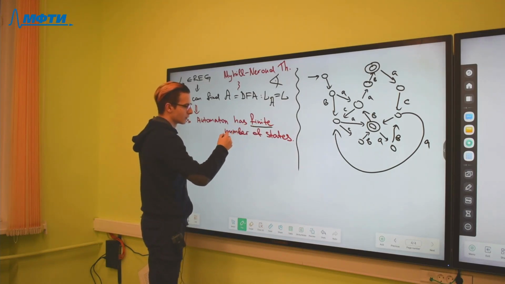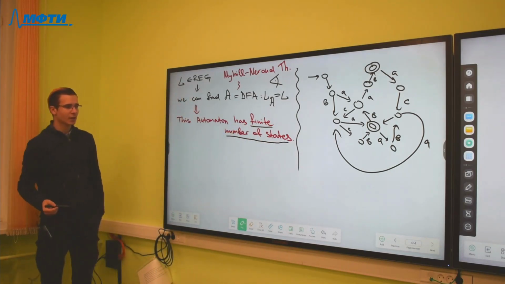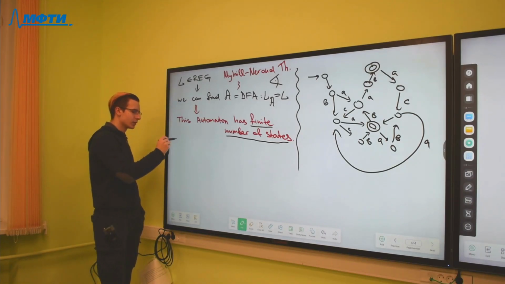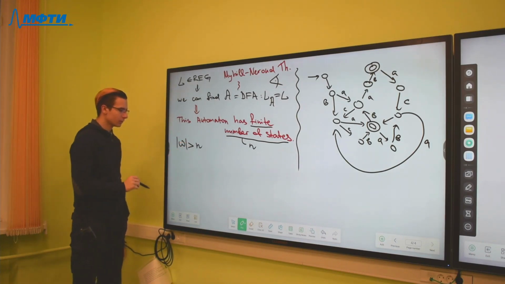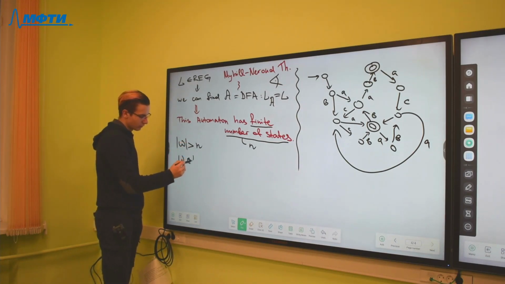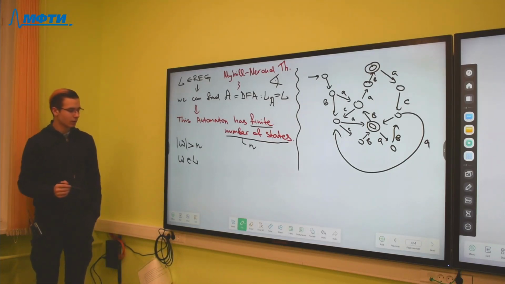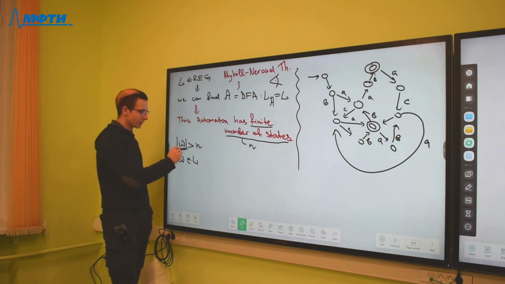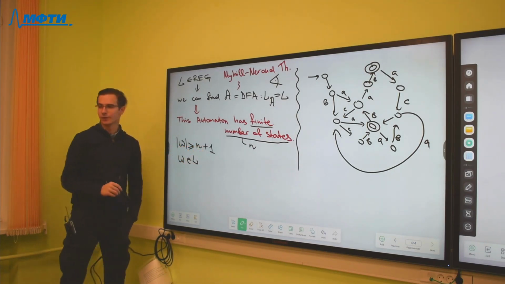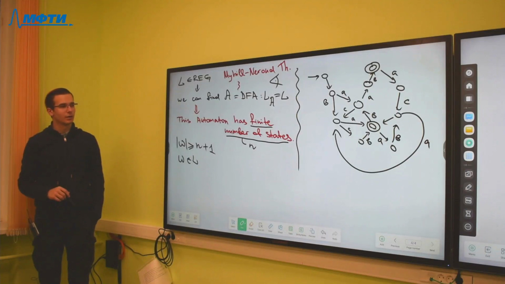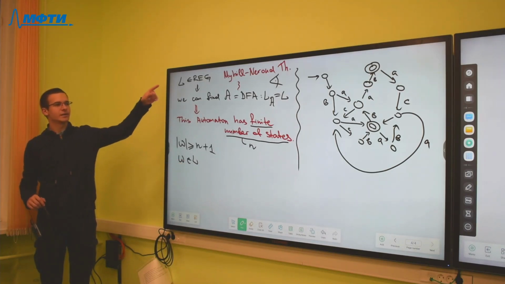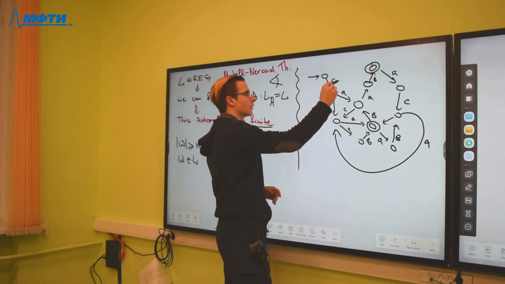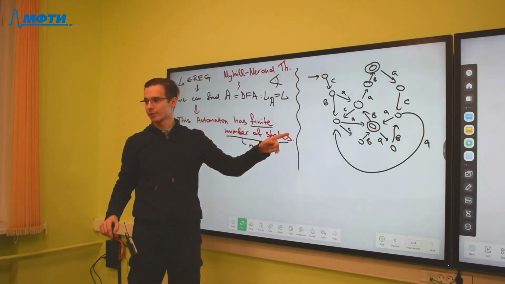And it is very important that if we start with a word omega in the language that is bigger, we know that if omega is in the language, we can find the path from the initial state to the finish state.